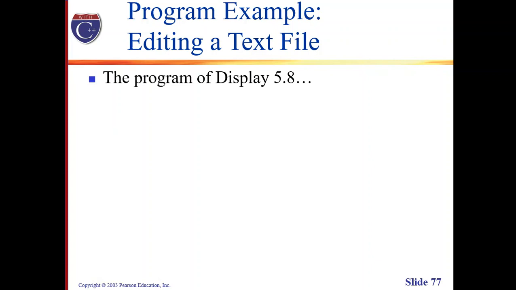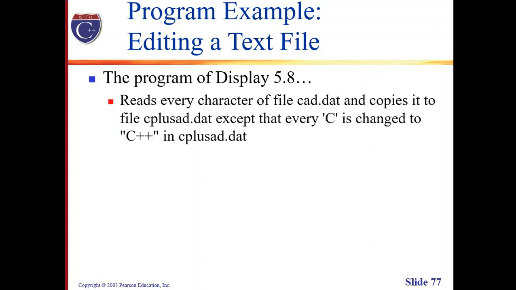So here's another example. It will demonstrate some of the routines that we have learned so far with regards to end of file characters. It will read an input file cad.dat and copy it to file cplusad.dat, but this time all occurrences of the character C are changed to C++ and written back in the file cplusad.dat.